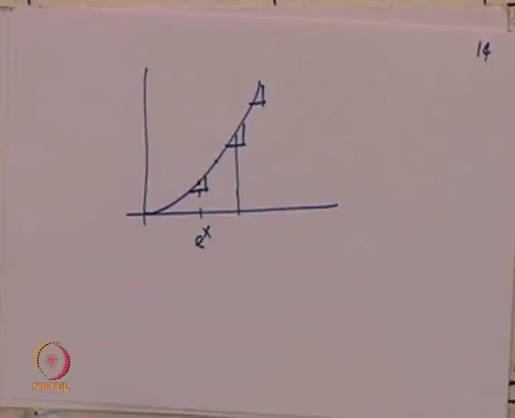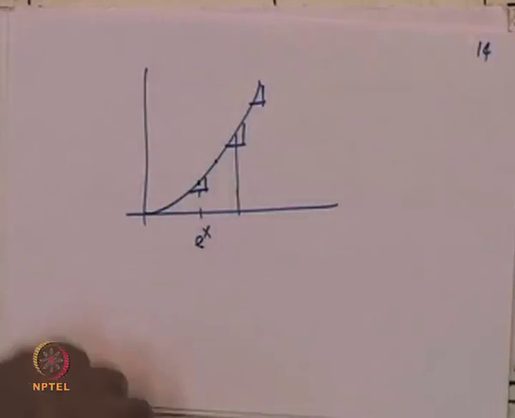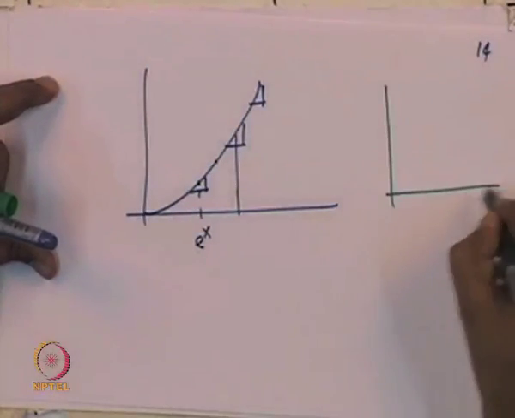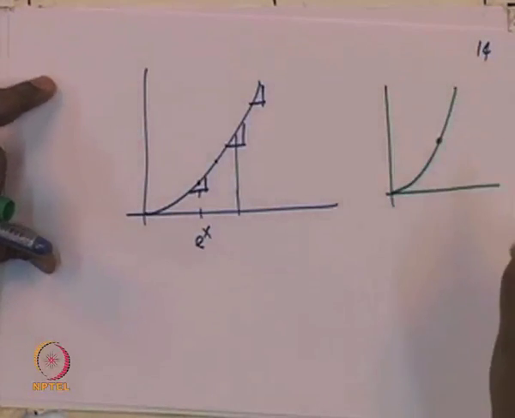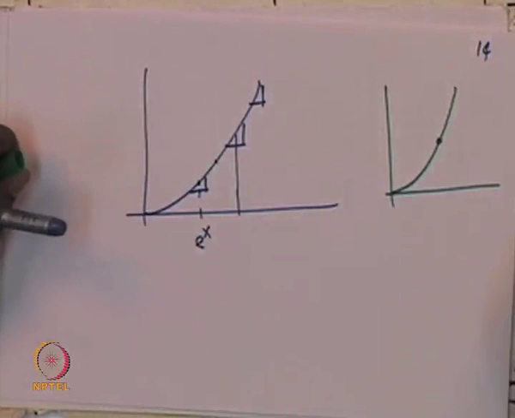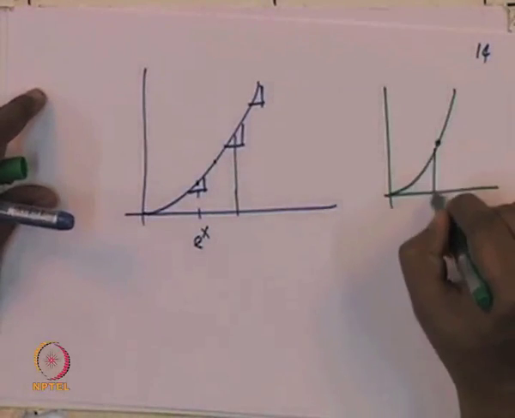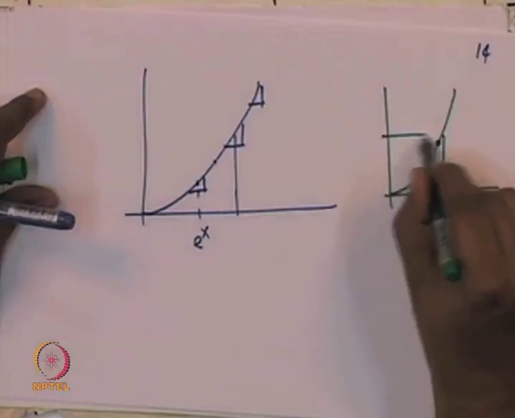So, this you can also try. You can draw an exponential curve and calculate the slope at different points. Take a graph sheet, draw e power x yourself, go to a point and calculate the slope there, calculate dy by dx.